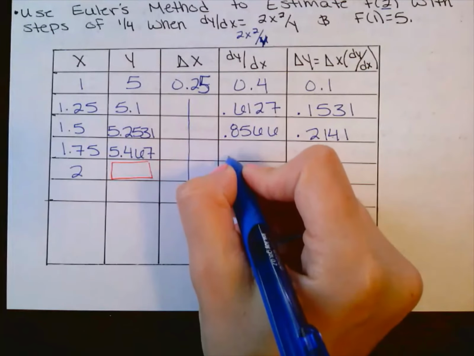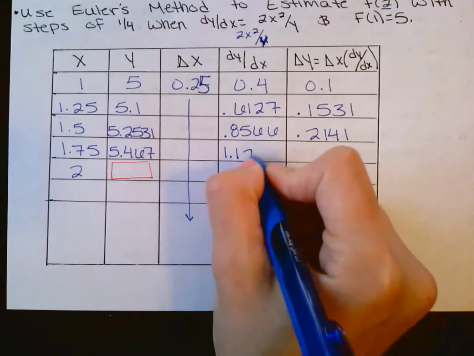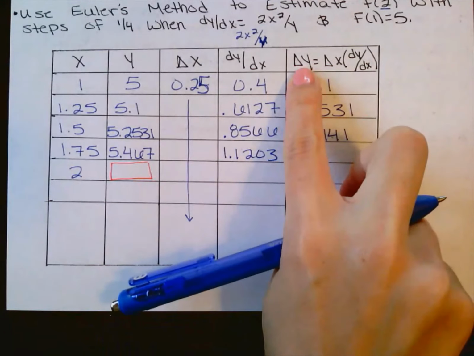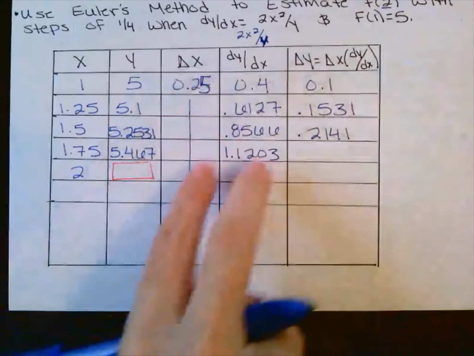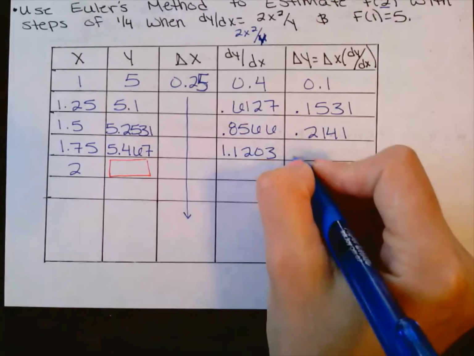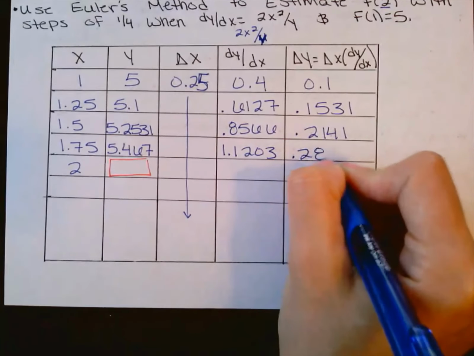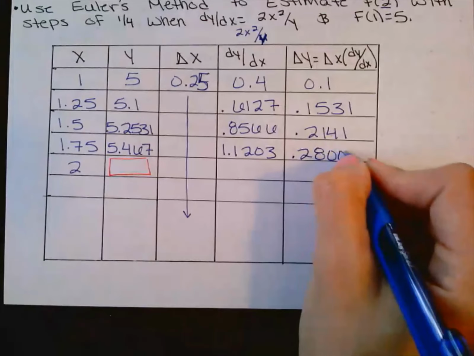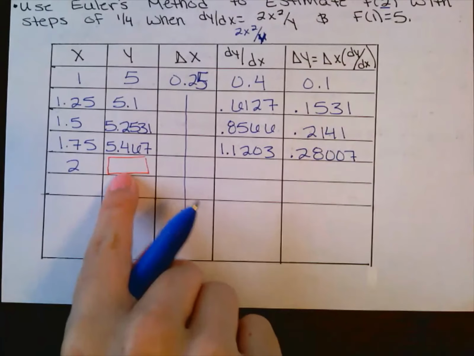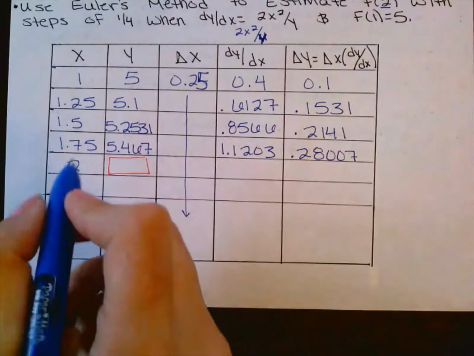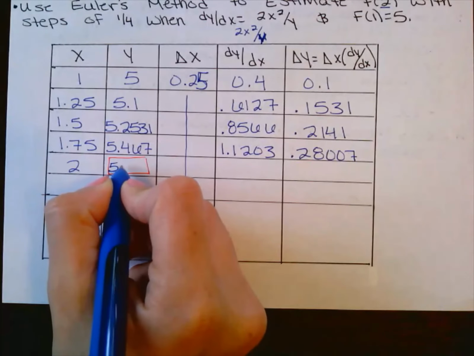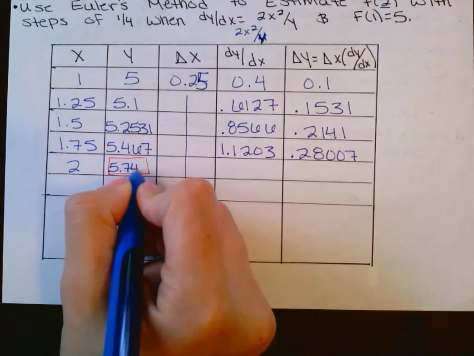Okay. Now that I have my x and my y, plug that in here to get my dy dx. I end up with 1.1203. Delta y, multiply the delta x and the dy dx. So 0.25 times this number gets me 0.8007. And then that's my delta y, my change in y. I'm going to add that to this number, and I end up with 5.747.